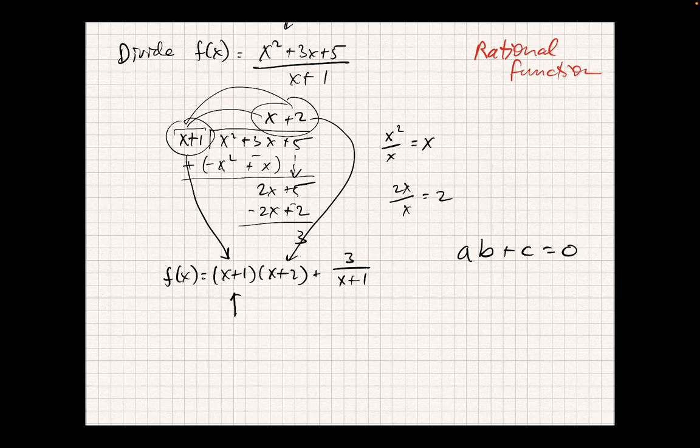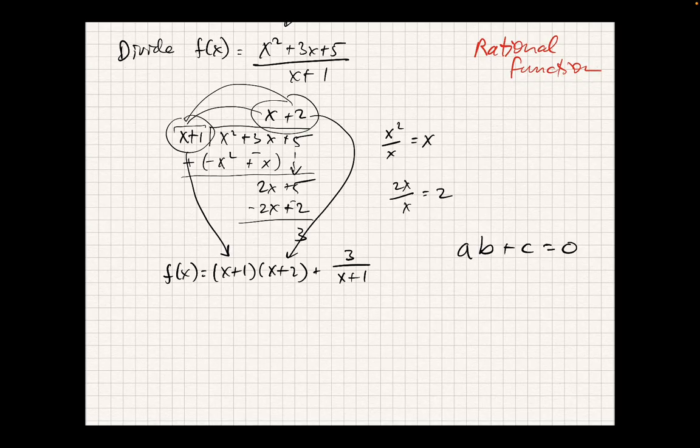It would only be a factor if this gave us no remainder. I am not factoring this polynomial. This is a term and this is another term, and I don't have a zero product property that includes addition or subtraction. All right, let's do another example.